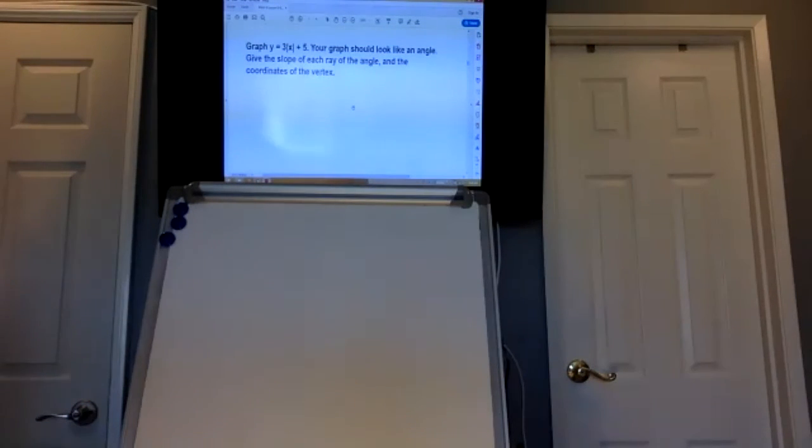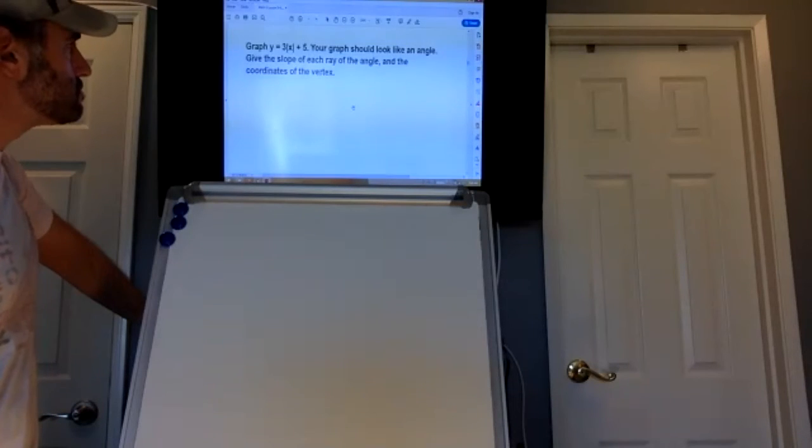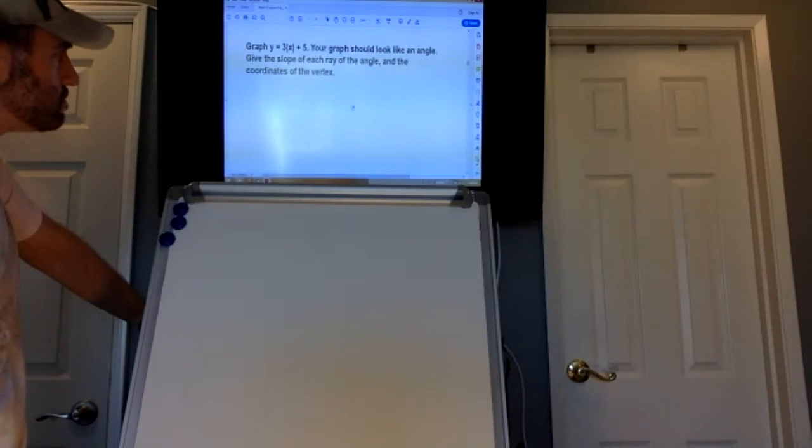This one, a t-table would be a good tool to use. Mr. Rosenthal, would you recommend always putting the y-intercept in the t-table?